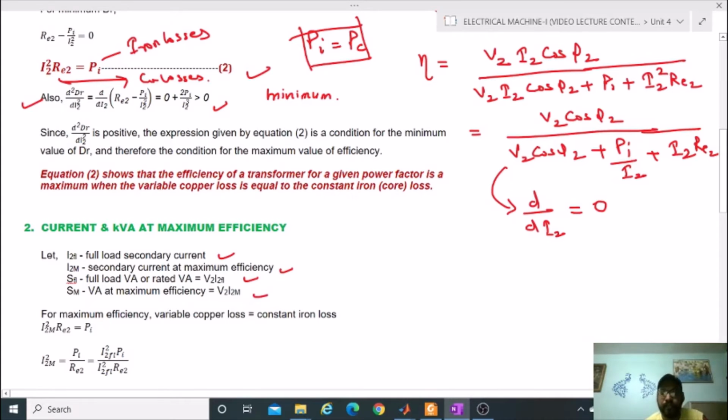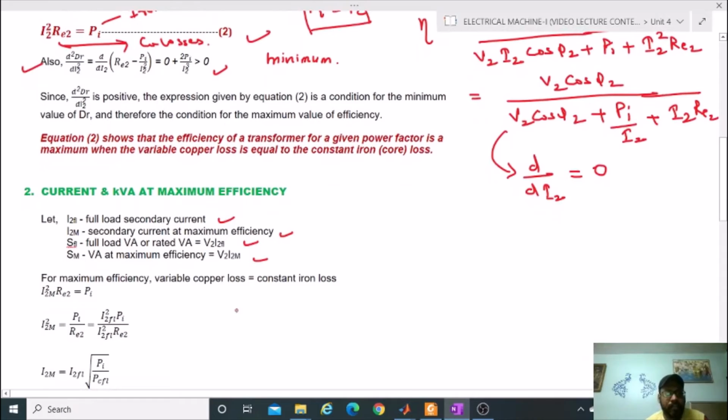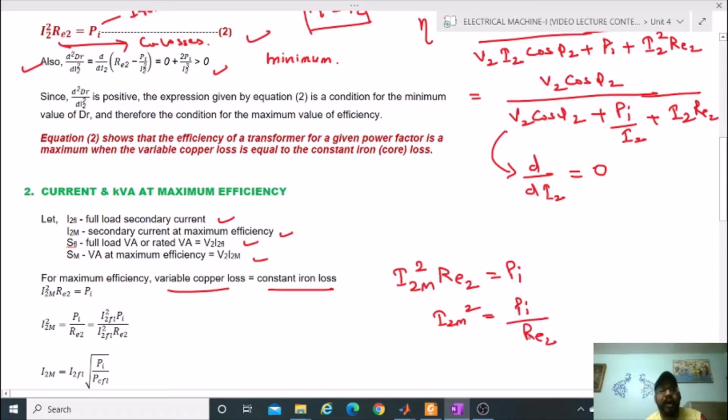As we know, at maximum efficiency the variable copper losses are equal to the constant iron losses. In terms of the above notations, this can be written as I2M square into Re2 equal to Pi. So I2M square equals Pi by Re2.